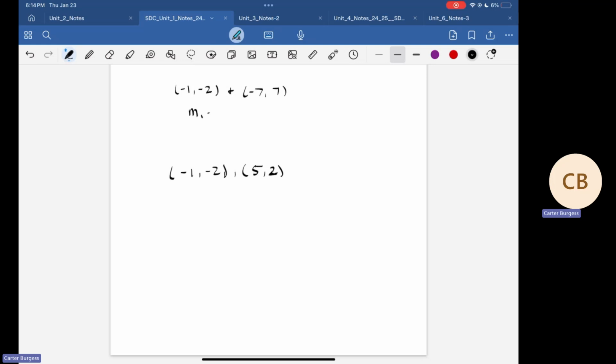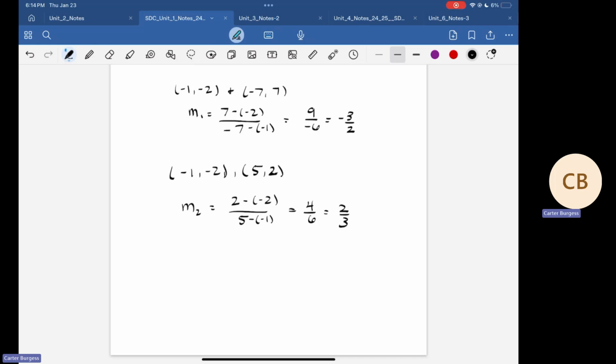So first slope here, this is going to be 7 minus -2 over, so y2 minus y1 over x2 minus x1, for which I get 9 over -6. We can clean that up a little bit, -3 over 2. And for my second slope, I get 2 minus -2 over 5 minus -1, 4 over 6, which cleans up to be 2 over 3.